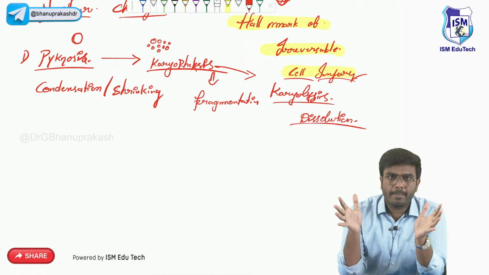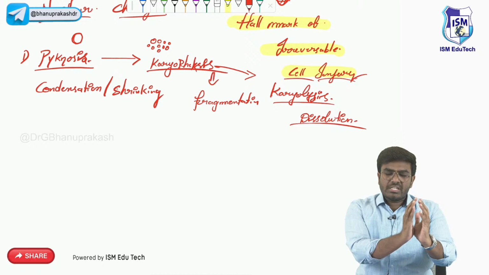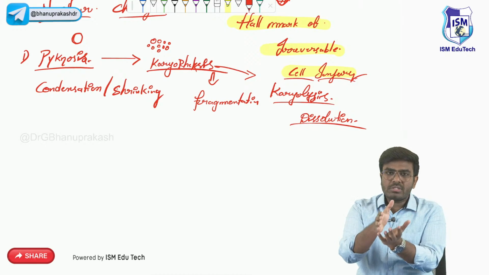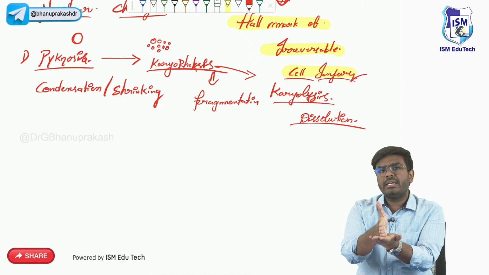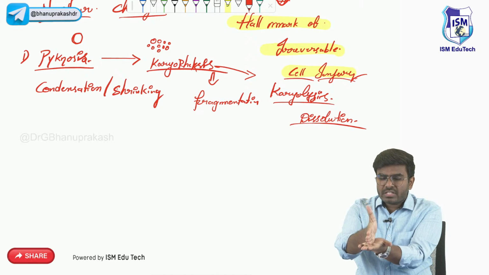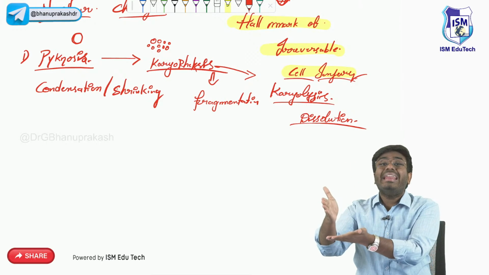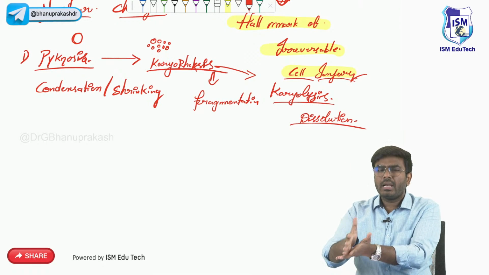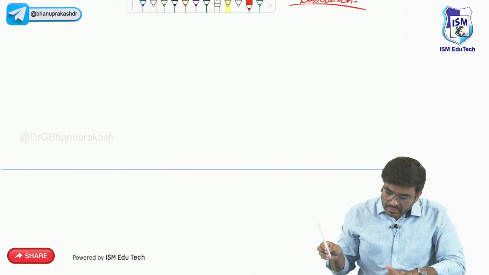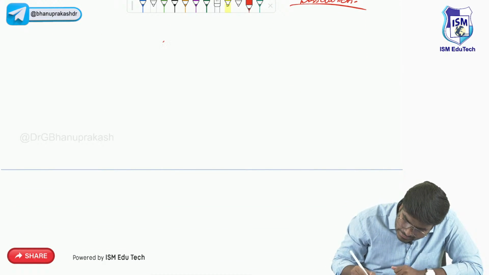If the stress continues, initially there will be reversible cell injury, which will continue into irreversible cell injury. At the end of the day, death should happen. The last event is cell death.